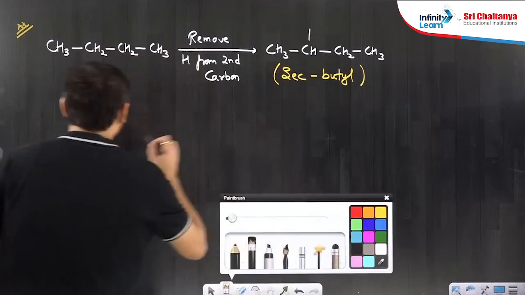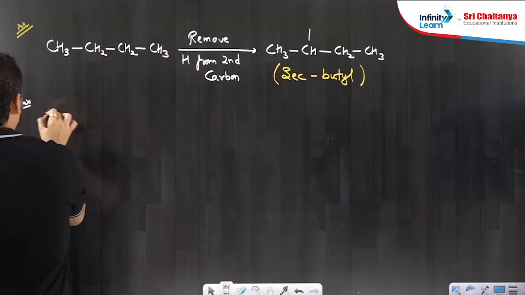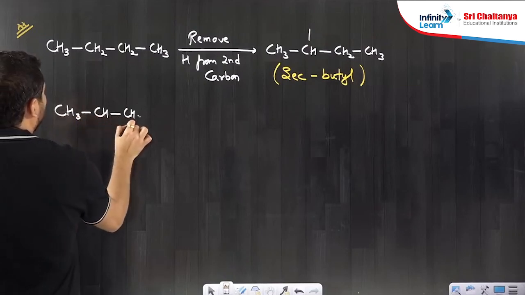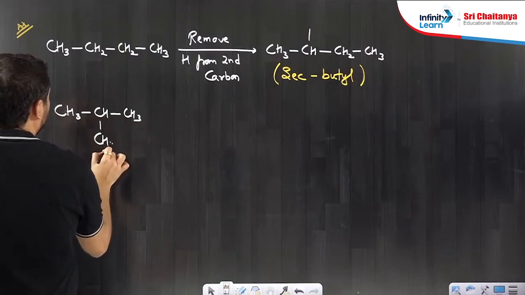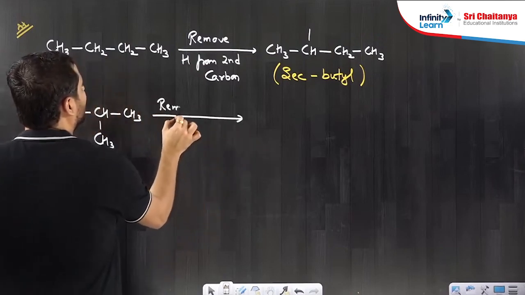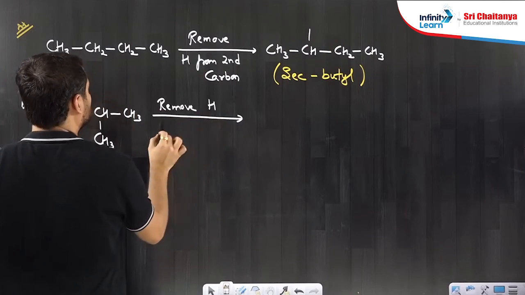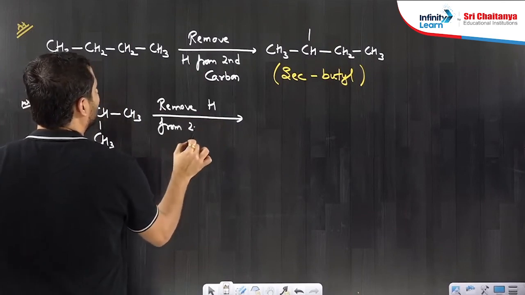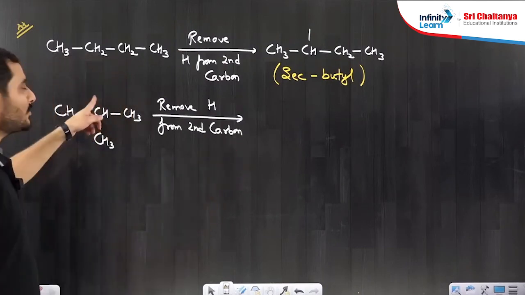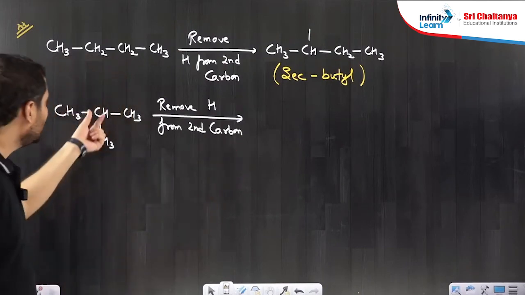And next is isobutane: CH3, CH, CH3, CH3. Same here, in this case, if we remove hydrogen from the second carbon, then what do we get?